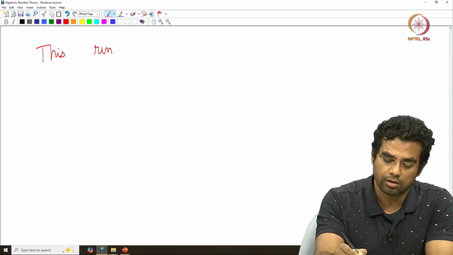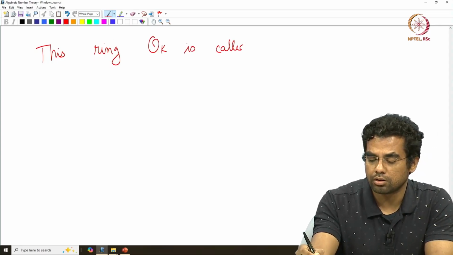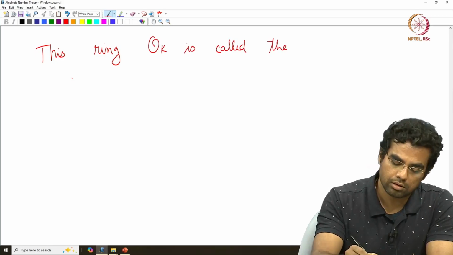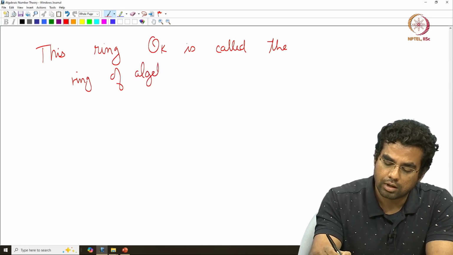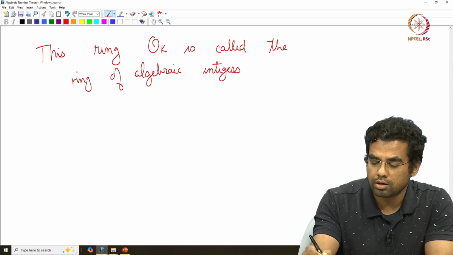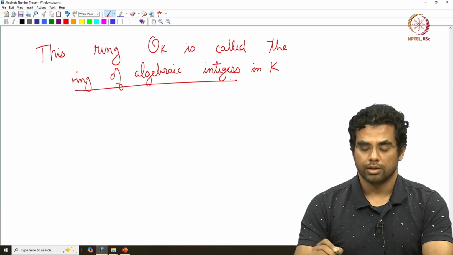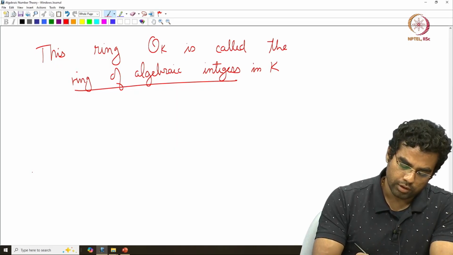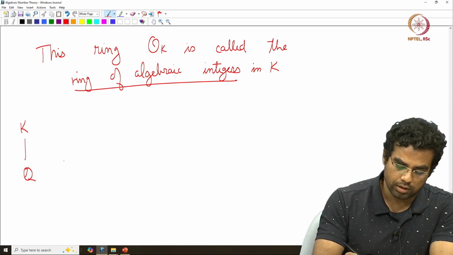So, this ring O_K is called the ring of algebraic integers in K. And it is useful to keep the following sort of diagram in mind.